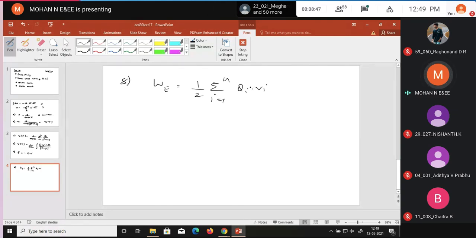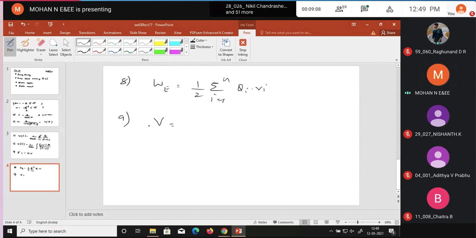This is the energy stored in the electrostatic field, and the potential equation also we have discussed.